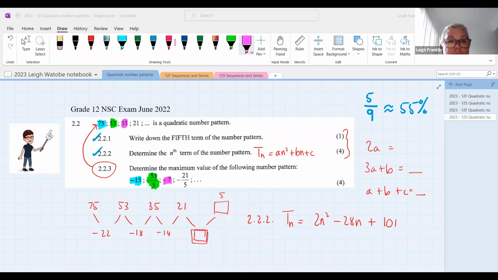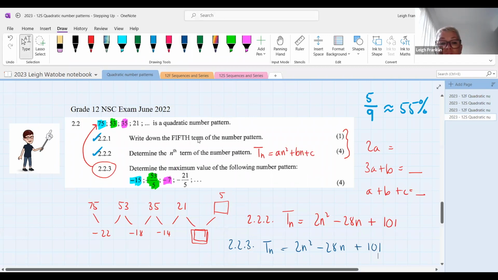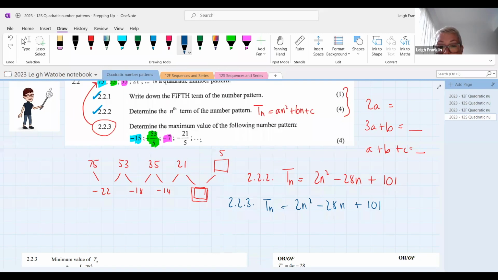So in other words, in question 2.2.3, your nth term has changed because you have taken Tn equals 2n squared minus 28n plus 101, and you have divided everything by -5. Absolutely, by -5, Penga.